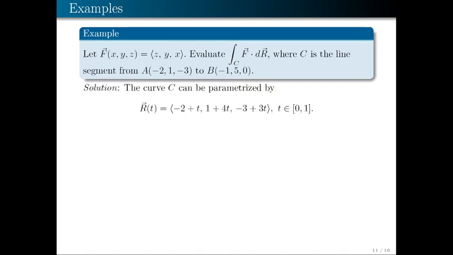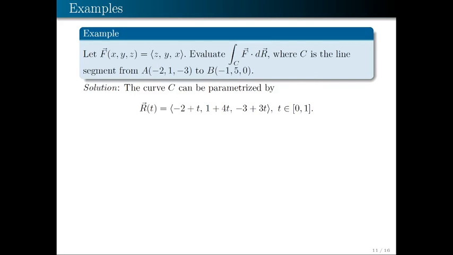What I will do first is find a parameterization for the curve C. This would be an easy parameterization, but notice that our curve runs from A until B, so we should have the correct direction for our parameterization.